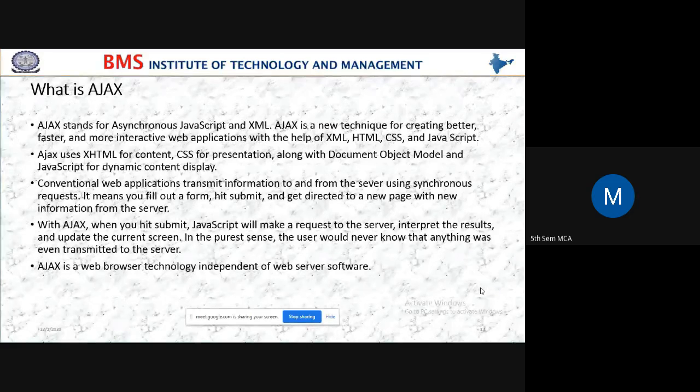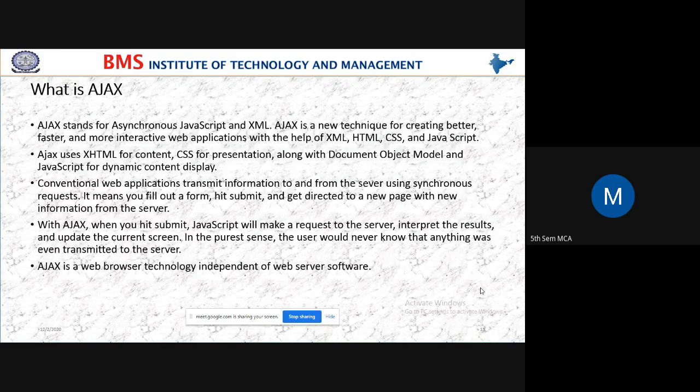CSS for presentation, along with the DOM. How many levels of DOM do we have, students? Do you remember, anybody? We have DOM 0, DOM 1, DOM 2, DOM 3, so up to 3. These DOM levels are used to design a dynamic web page.